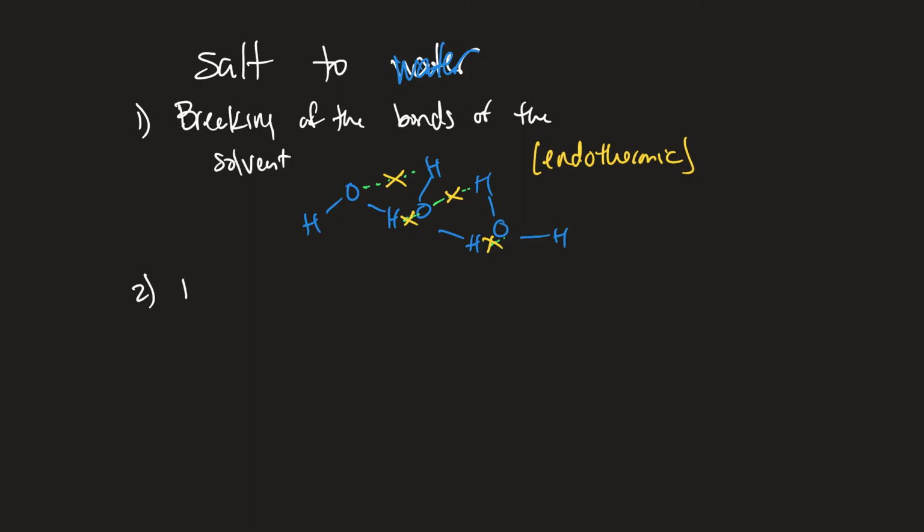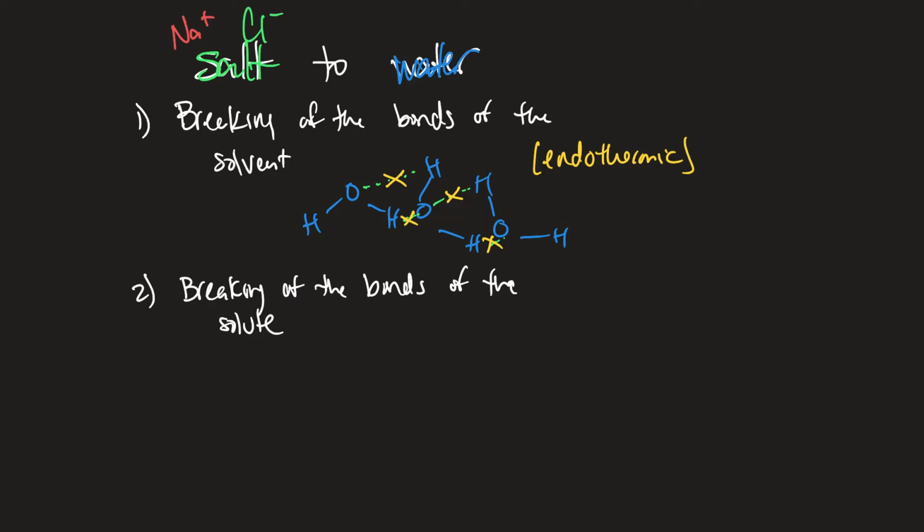The second part to this is breaking the bonds of the solute. For example, if we're talking about salt, we know that salt is specifically Na+ and Cl-. Originally you have this NaCl.